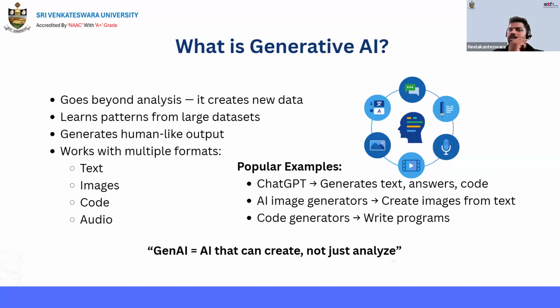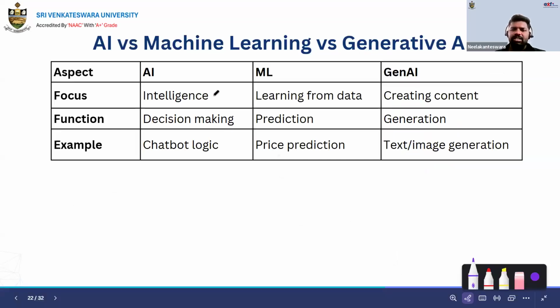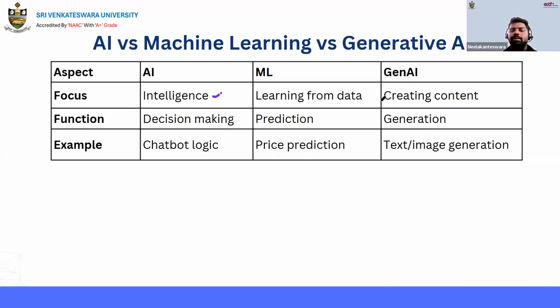Now see the brief difference between AI, machine learning, and generative AI. Already we know AI is a focus on intelligence, ML learns from the data, and GenAI creates new content. The function of AI is to make decisions, ML makes predictions, and GenAI does generation, that means generates new content and data. Examples for AI: chatbot logic.